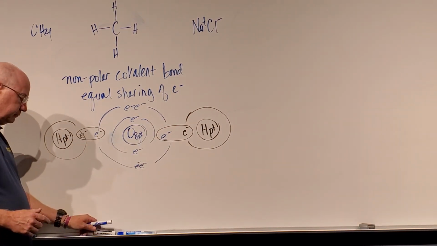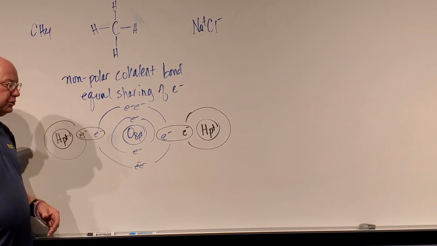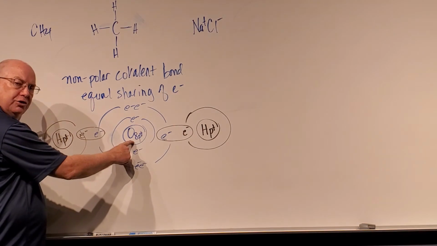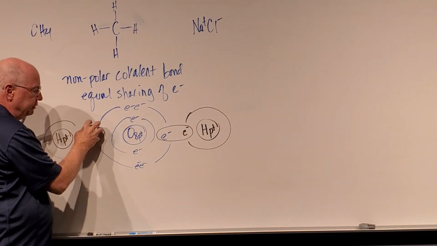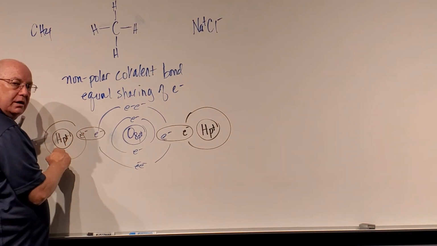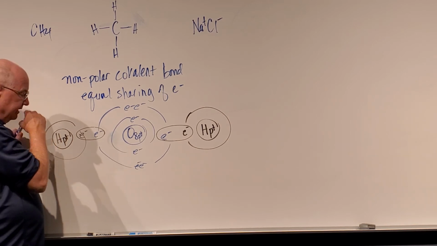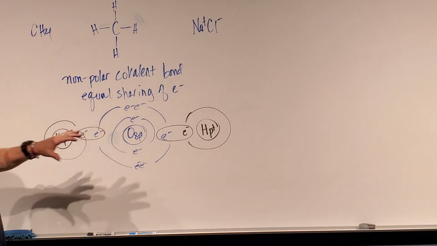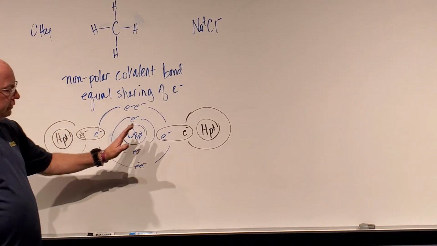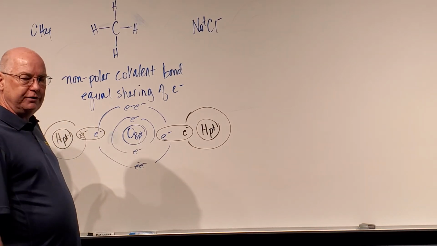Now, it turns out that we don't always equally share the electrons. This big honking nucleus right here has so many protons that it's going to pull the electrons over this way a little more often. And they'll spend a little bit more time around the oxygen atom, and a little less time around the hydrogen atom. So there's not an equal sharing of electrons.